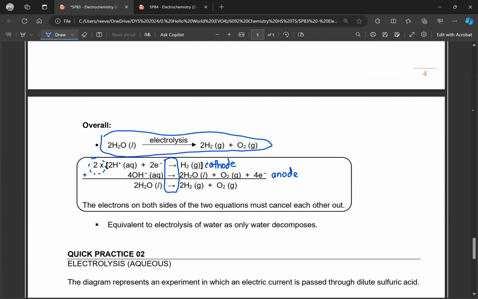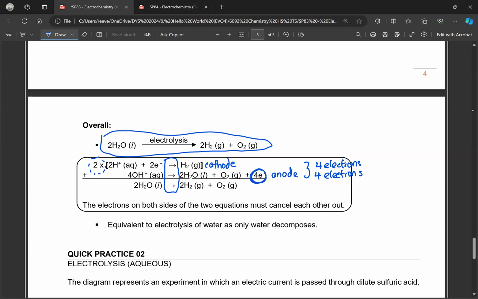Why do you need to times 2? Because I need to have 4 electrons and 4 electrons here also. The electrons cannot go missing. If the 4 electrons come from the anode and go to the cathode, it will be the same 4 electrons that end up in the cathode. So this one got 4.